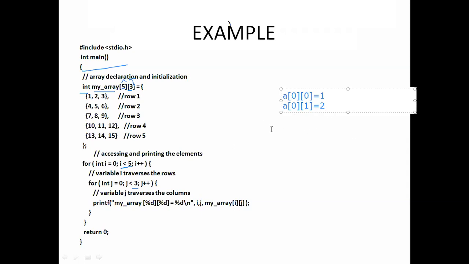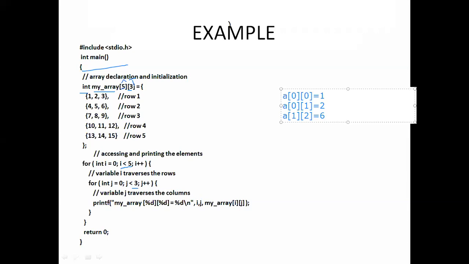Okay, and next, for example, a of 1 2. What is the value of a of 1 2? a of 1 0, a of 1 1, a of 1 2 is equal to 6.